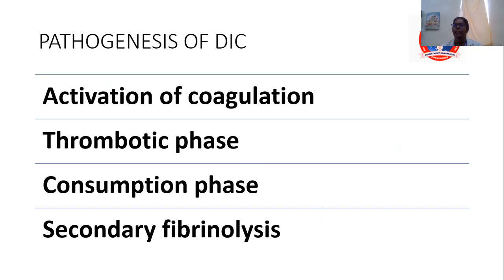Second, there is the process of thrombi formation, which is called the thrombotic phase. Third, all the coagulation factors will be consumed for the thrombi formation, which is the consumption phase, followed by secondary fibrinolysis.